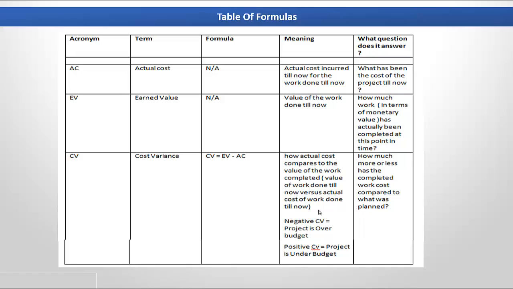Now there are a couple of points that I'd like you to note. A negative cost variance, or a negative value of cost variance, refers to the fact that the project is over budget. You would get a negative value of cost variance if the value of the actual cost is greater than the earned value.